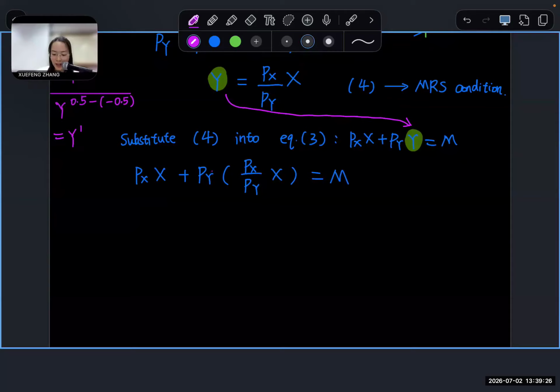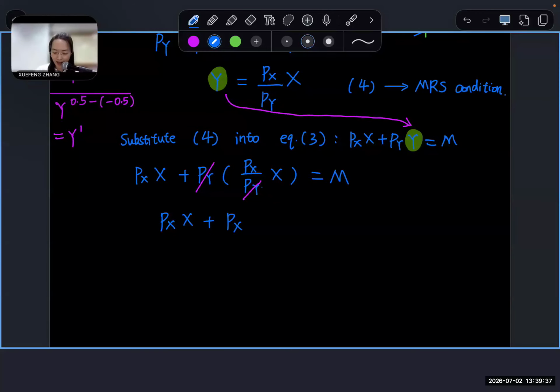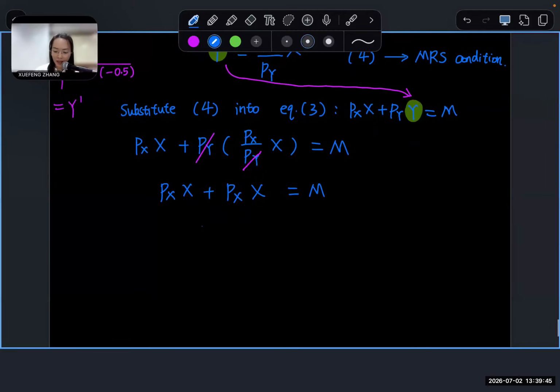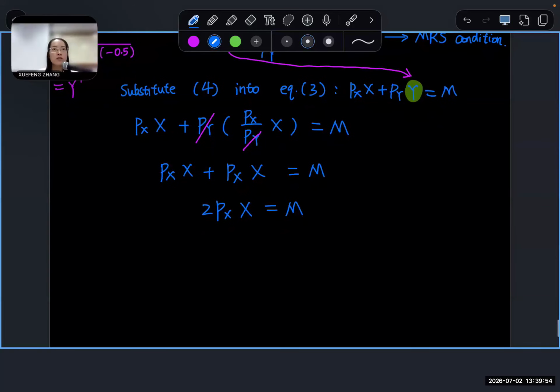Here we can cancel py. Okay, so next one, px times x plus px times x is here, equal m. That means 2pxx equals m, right? And then we solve x.